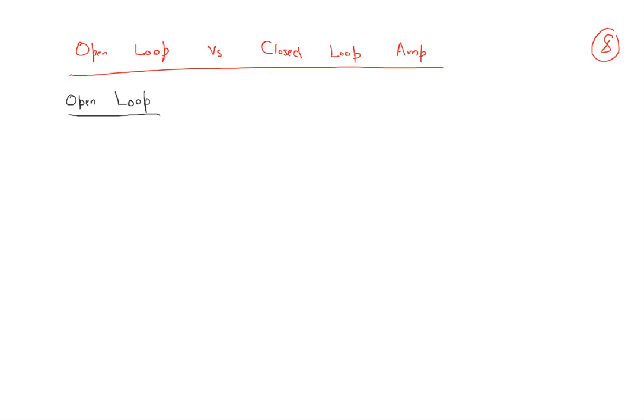So, the link between open loop versus closed loop. Some of the basics, why and what. If we talk about open loop, in open loop we have this configuration.